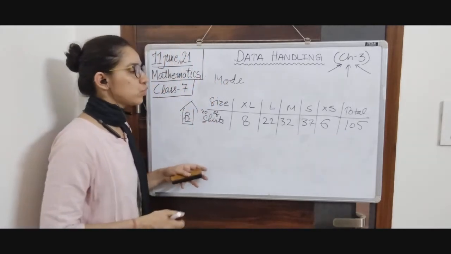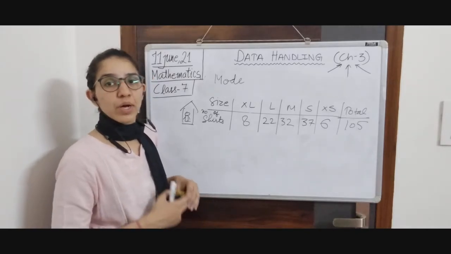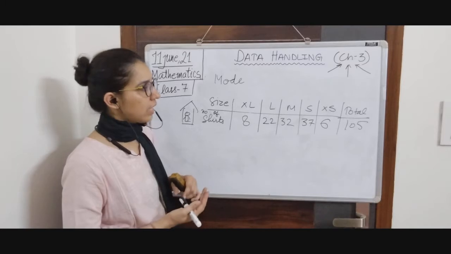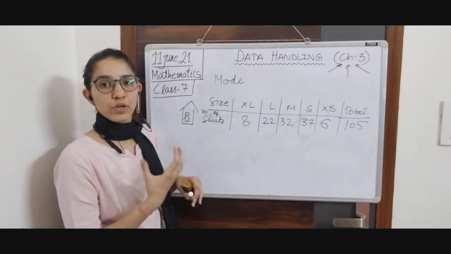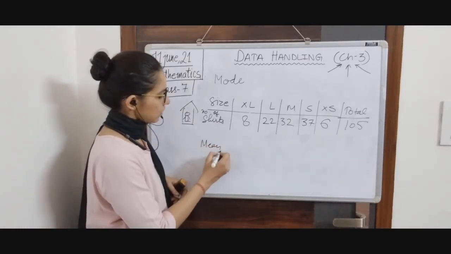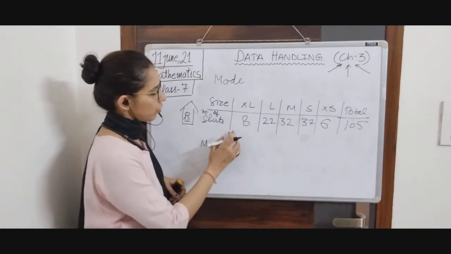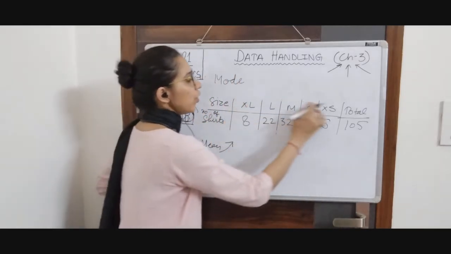Now he wants to know which shirt he should buy more for next month. If he only knows the method of mean, the mean of these observations is the total number of shirts sold divided by the number of sizes.